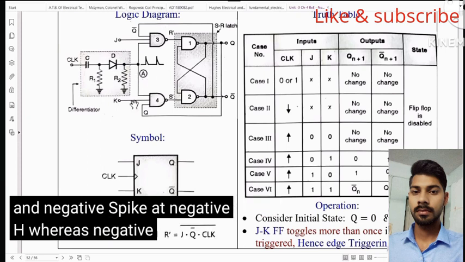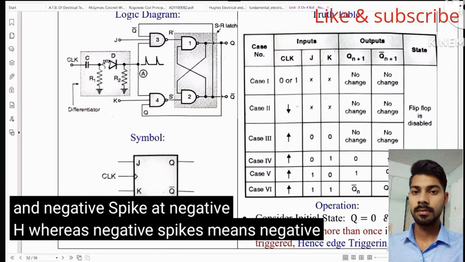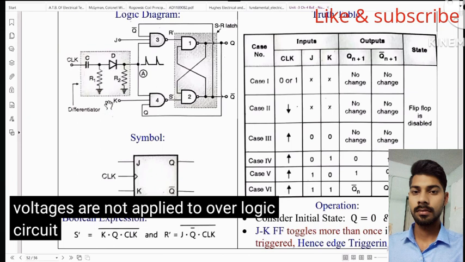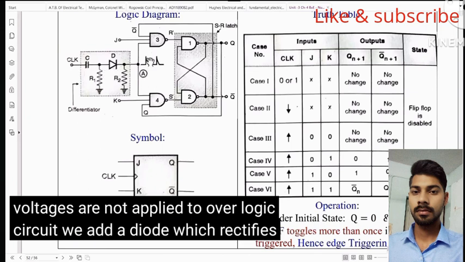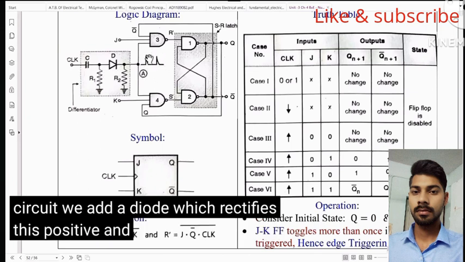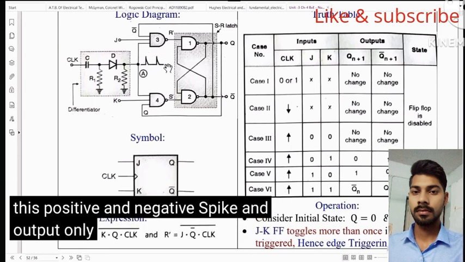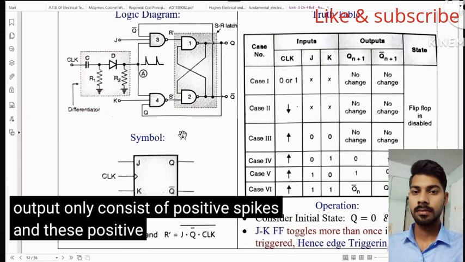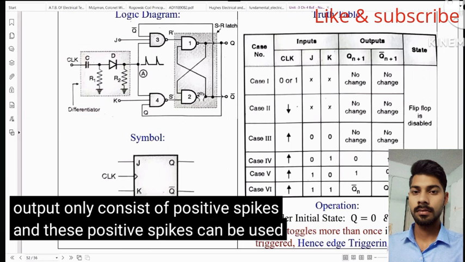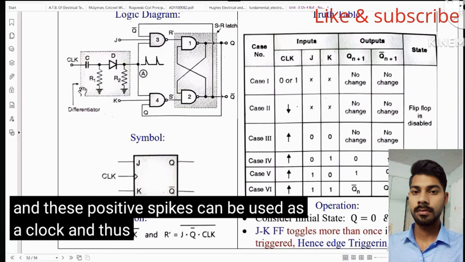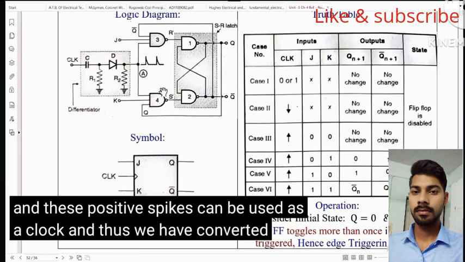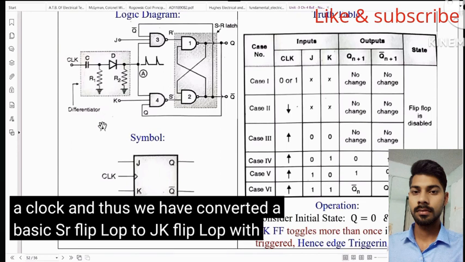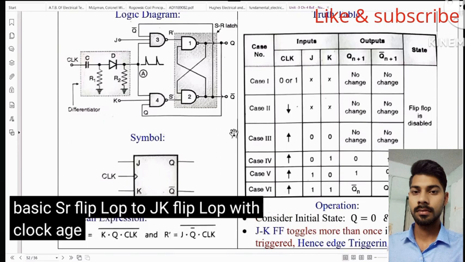Negative spikes mean negative voltages, which are not applied to our logic circuit. We add a diode which rectifies this, and the output only consists of positive spikes. These positive spikes can be used as a clock. And thus, we have converted a basic SR flip-flop to a JK flip-flop with clock edge triggering.